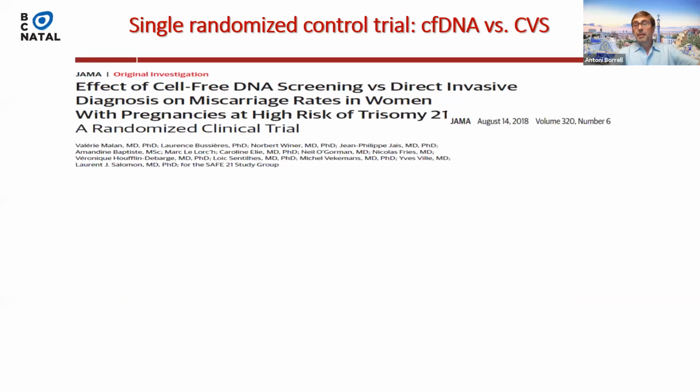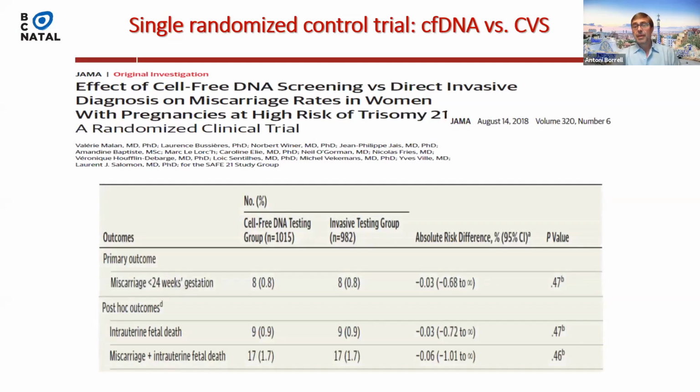In the old times, there was a randomized trial, in the 60s or in the 80s, sorry, showing that amniocentesis carried a risk of 1%. This is a recent study in France in which 2,000 high-risk cases were randomized between cell-free DNA or invasive testing. And they found that the miscarriage rate up to 24 weeks was exactly the same, 8 cases and 8 cases.